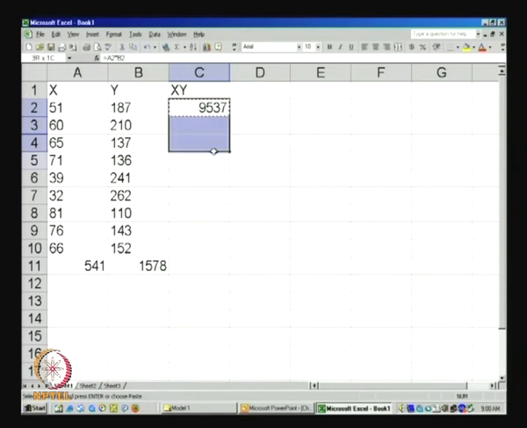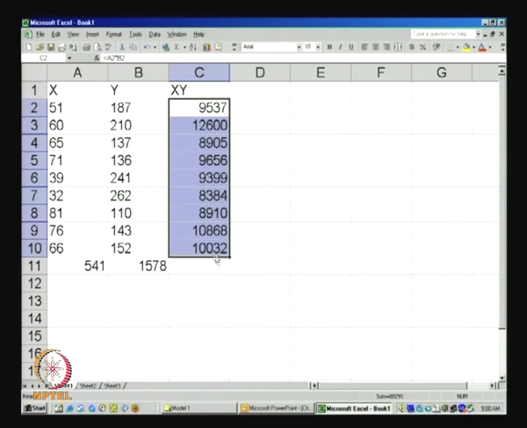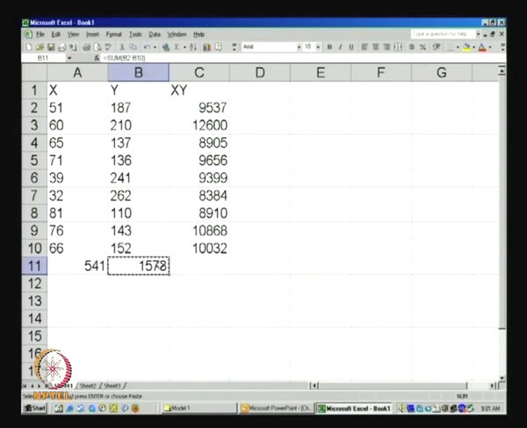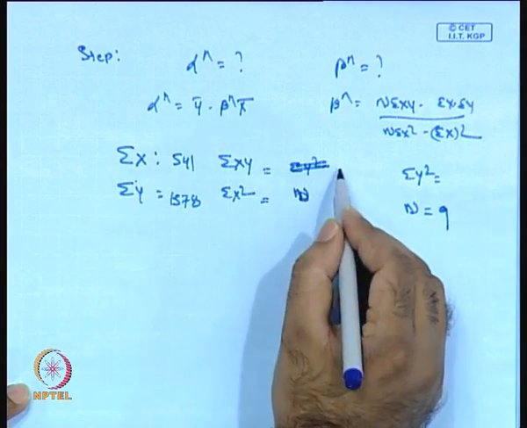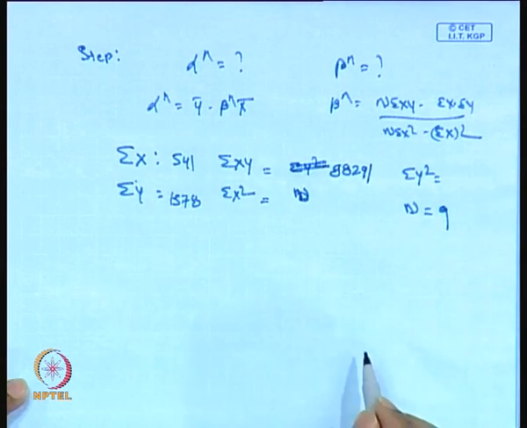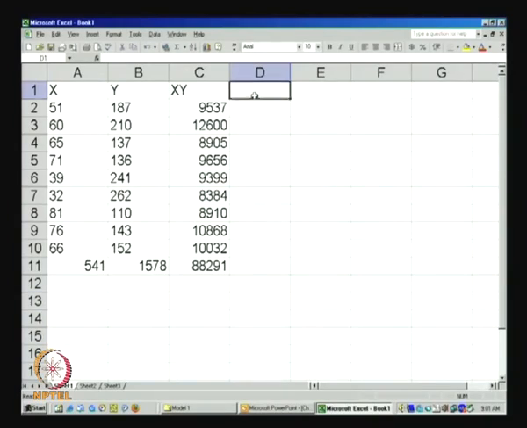You just scroll it and fill this particular column. Now we would like to know the sum of this particular series, and the sum is 88291. Similarly, we would like to know summation x square.